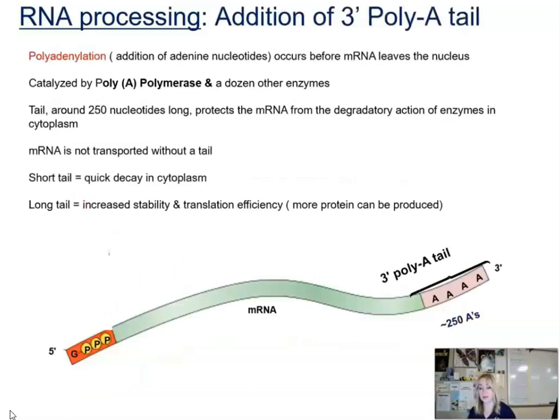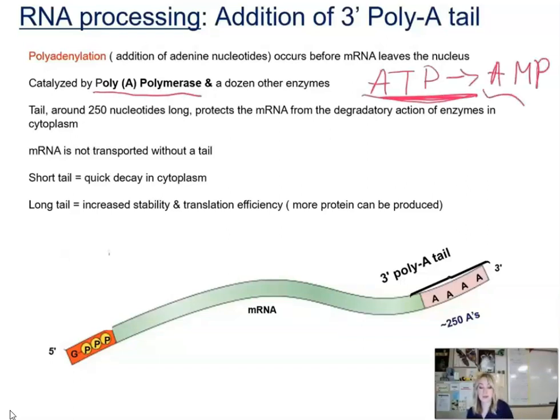The addition of the poly A tail is catalyzed by a separate enzyme called poly A polymerase. It's using ATP, because it has 3 phosphates here, and remember, you can hydrolyze the ATP and you end up getting AMP. Those AMPs are going to be linked together in the form of the poly A tail.